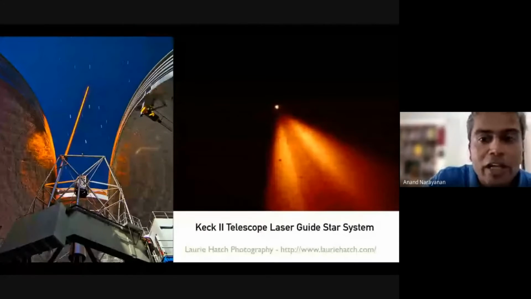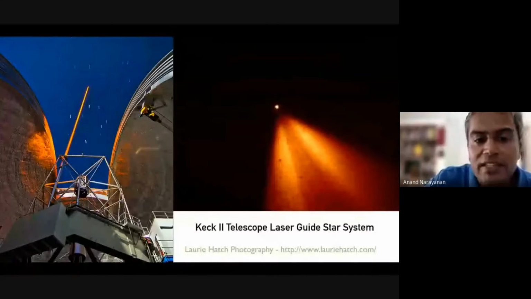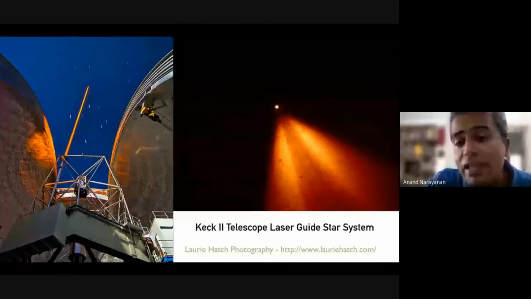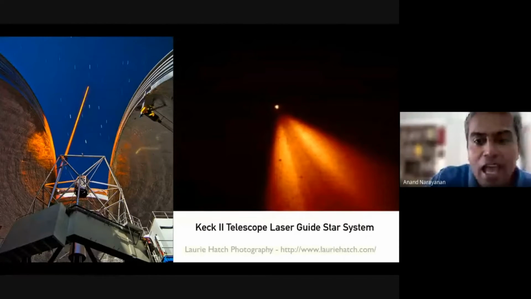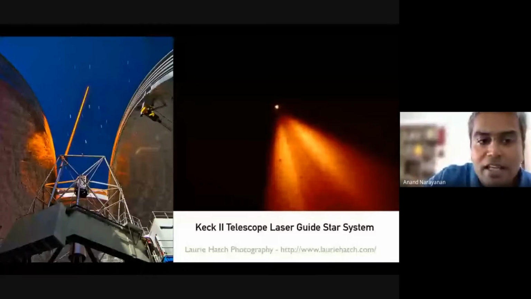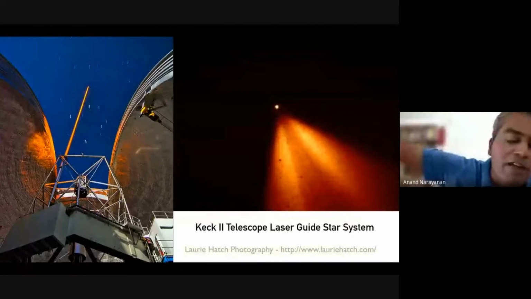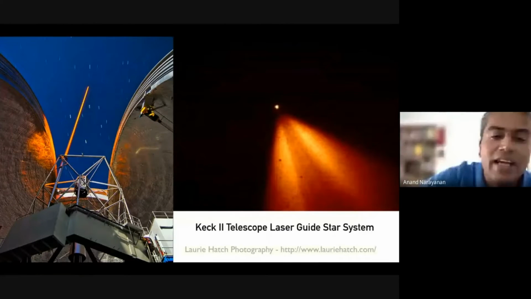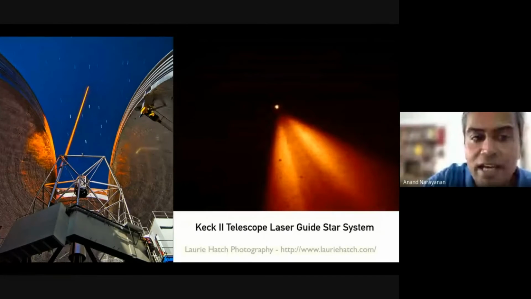In order for the wavefront sensor to sense the amount of distortion happening to the light, it needs a reference standard source in that same patch of the sky. You cannot go very far from that patch, because turbulence varies from region to region in the sky. So in that same patch of sky that the telescope is observing, you need a reference star.